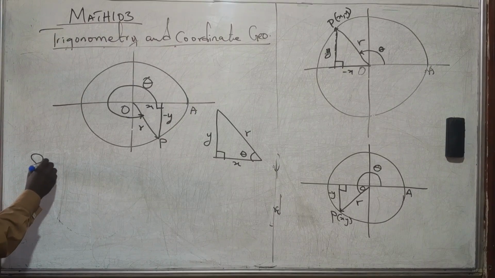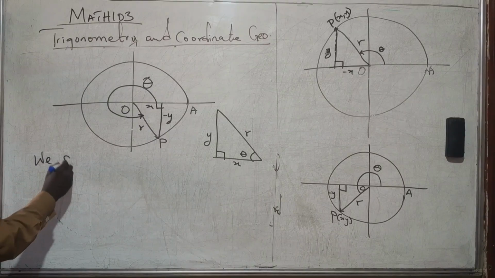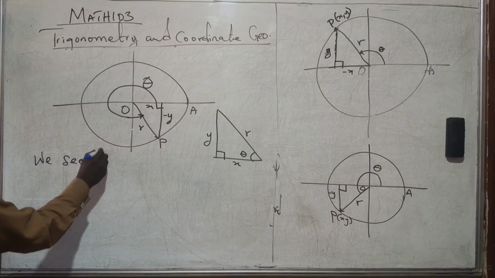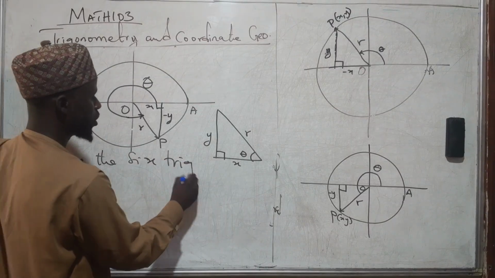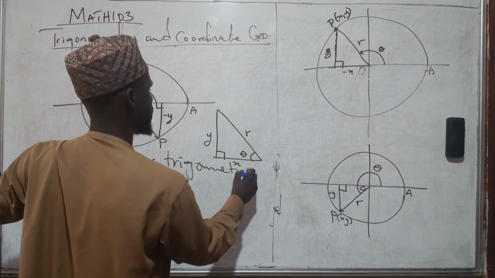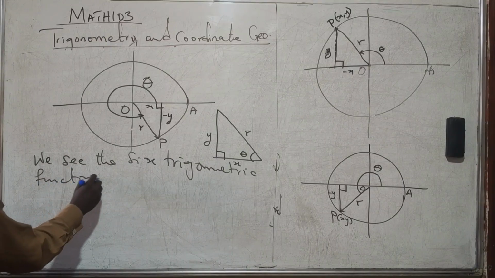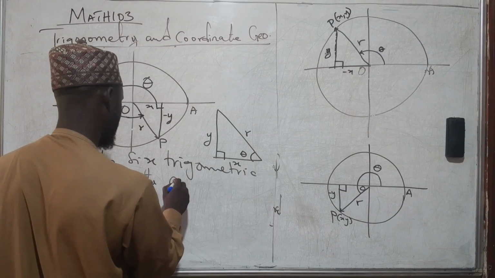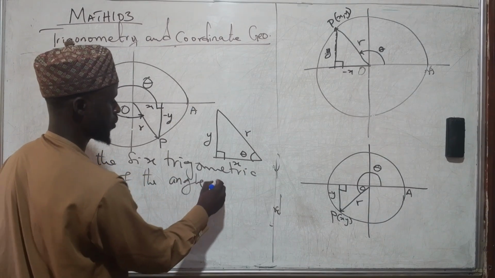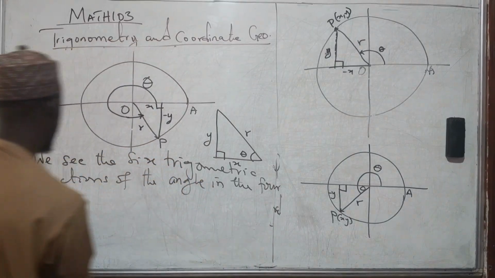So we see the six trigonometric functions of the angles in the four quadrants.